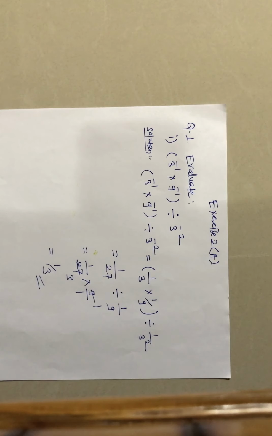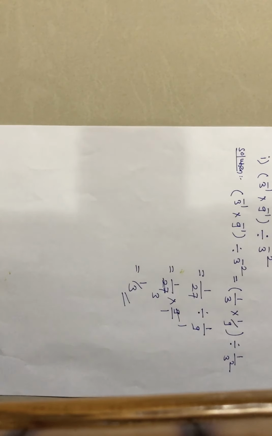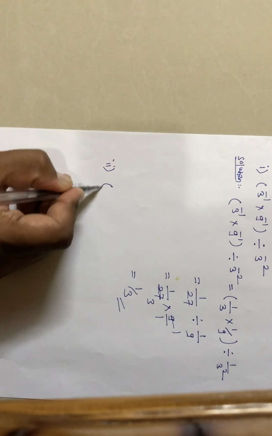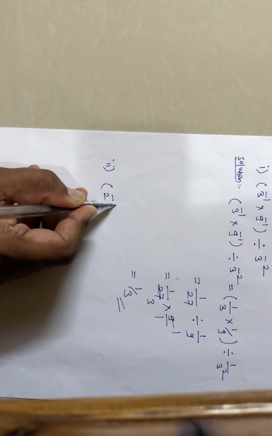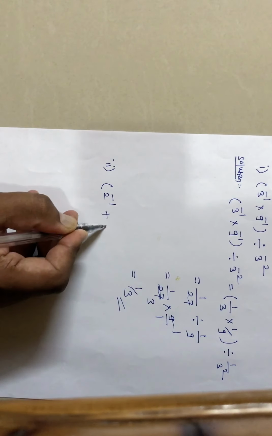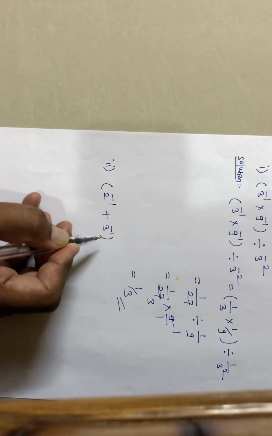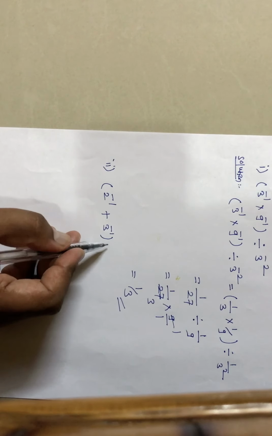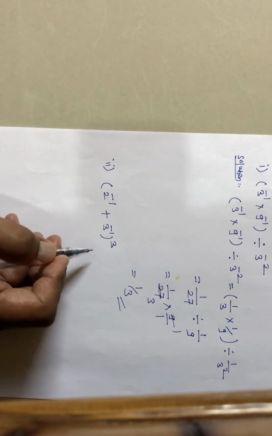Now we'll see another example. Second: 2 raised to minus 1 plus 3 raised to the power minus 1, in bracket, and then the bracket power is raised to 3.